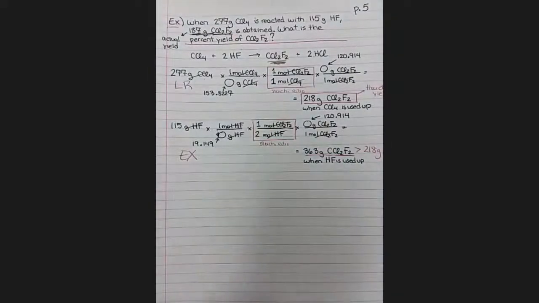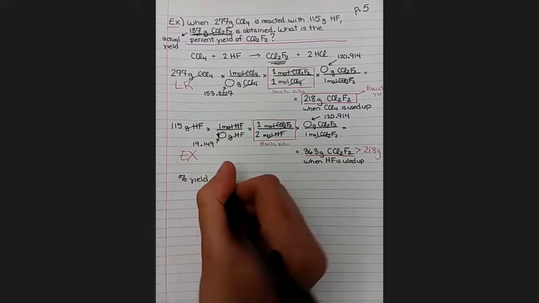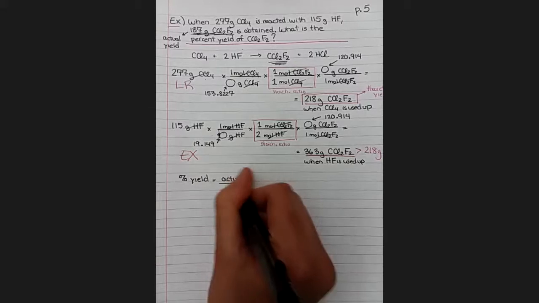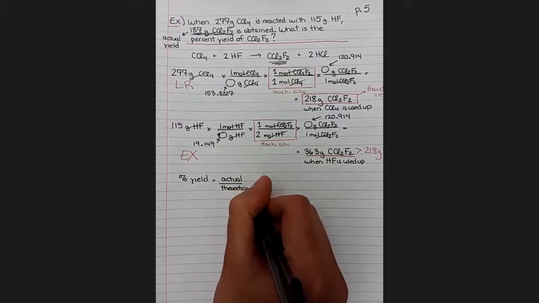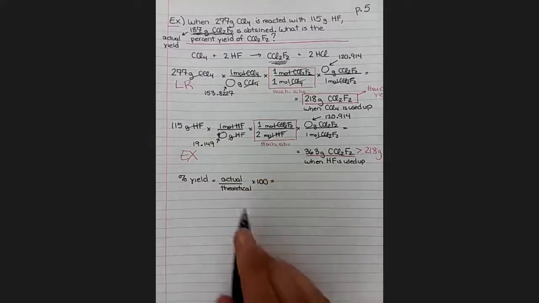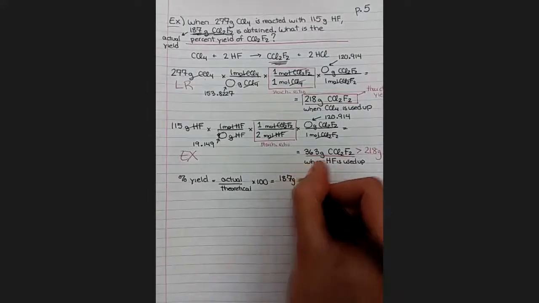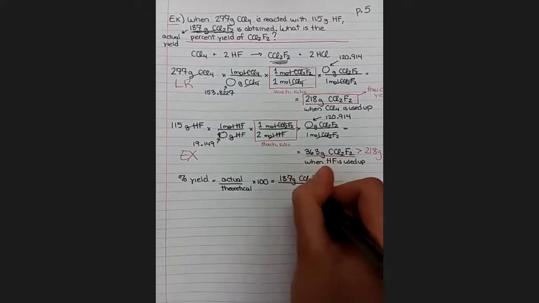The final step is to calculate the percent yield, which is going to be our actual yield over our theoretical yield times 100. Okay, so our actual was given: 187 grams of dichlorodifluoromethane was made in this process.